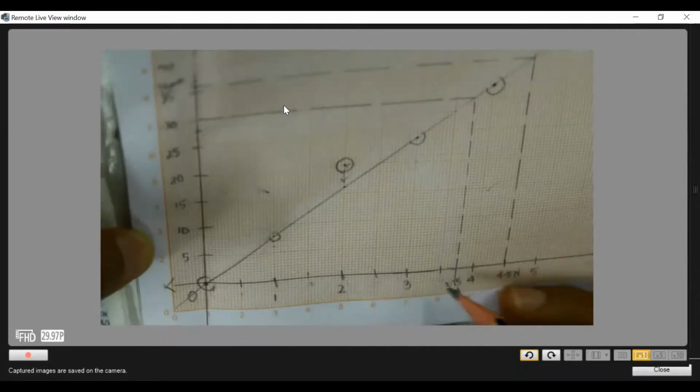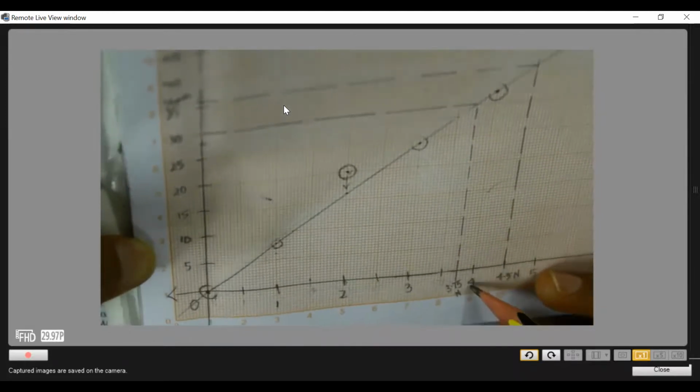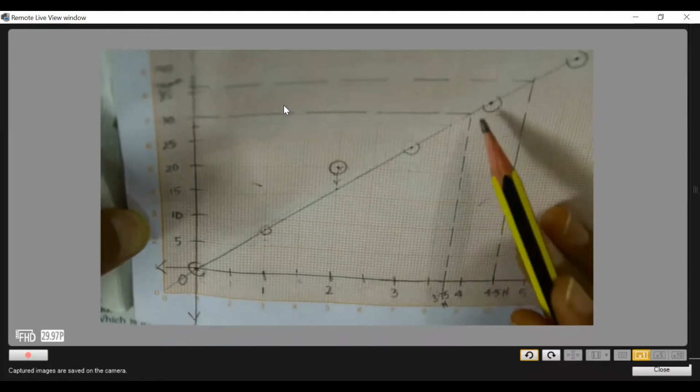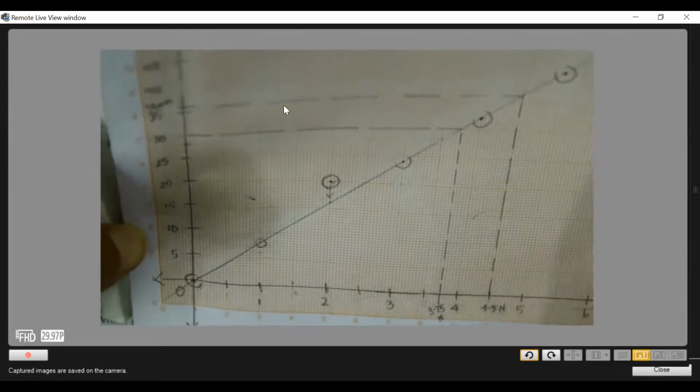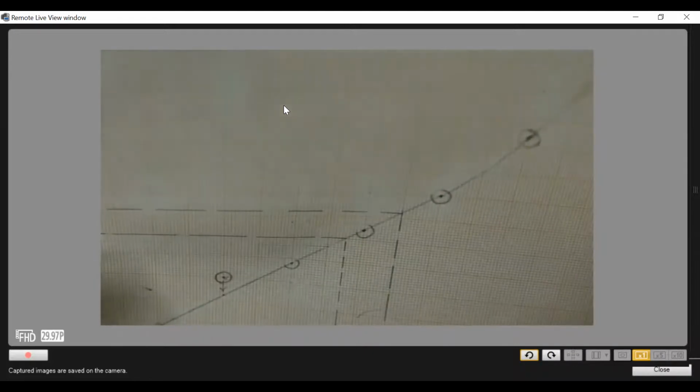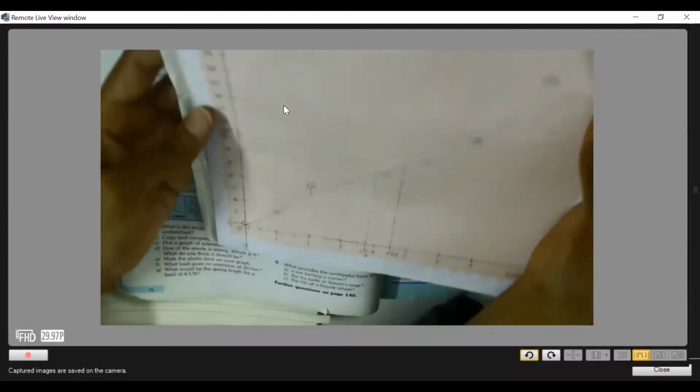With 3, it's 24. With 4, it's 32 here. And so on and so forth. I hope you guys know how to plot a graph. If not, practice, practice, practice. With practice, you will learn.